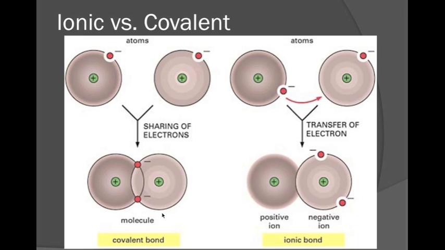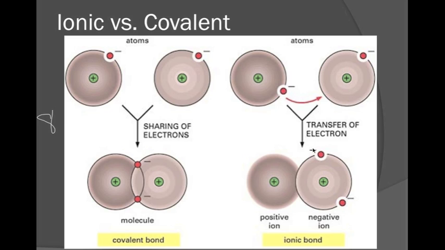And we have two specific bonds that we talked about: ionic and covalent. The main difference between them is that in ionic, we have the transferring of electrons, and in covalent, we have the sharing of electrons. Remember, covalent needs the octet, and with ionic, we're just transferring those electrons on down.